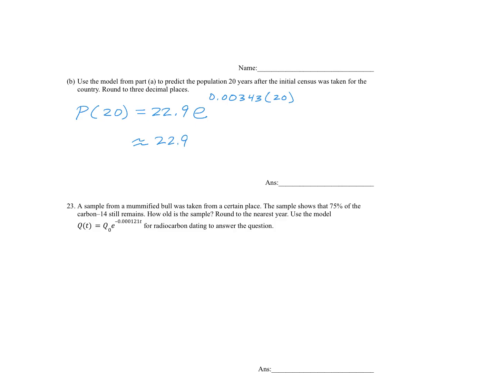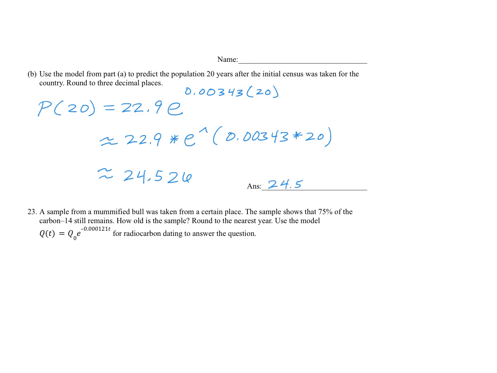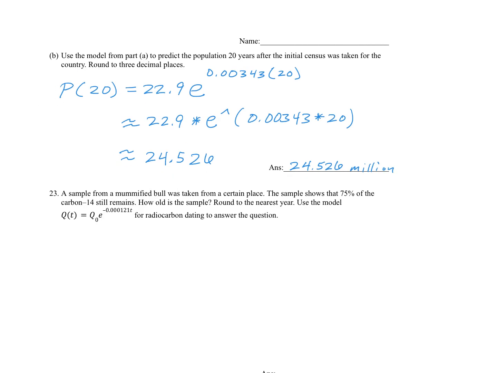This is 22.9 times e to the 0.00343 times 20. Very important to have parentheses around that multiplication in the exponent. And when you calculate that, you're going to get 24.526. And again, that's not 24 people, that is 24.526 million people. Everything was in millions for this problem.